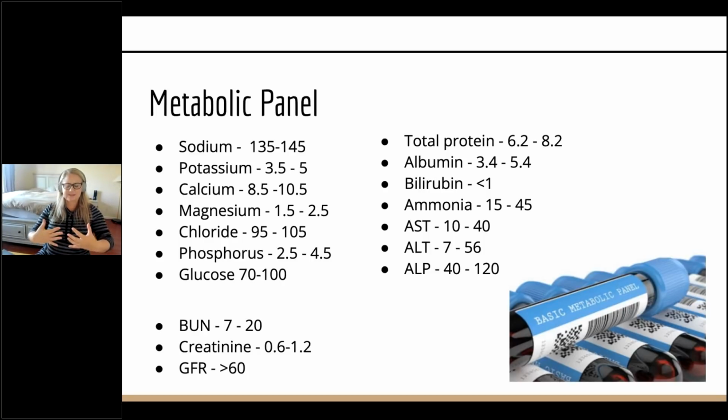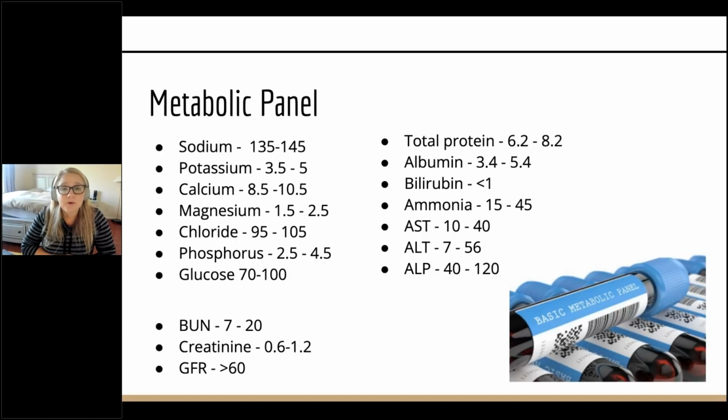They might develop ascites in their belly. Their blood pressure might start to go down due to a lack of volume in their vasculature. So we really need enough albumin in our bloodstream, and that normal amount is about 3.4 to 5.4. So that's what I want you to remember about albumin and protein.